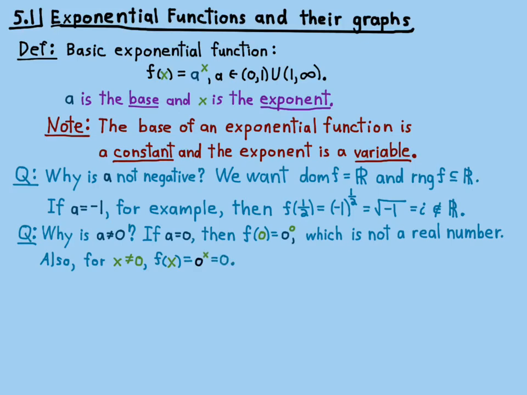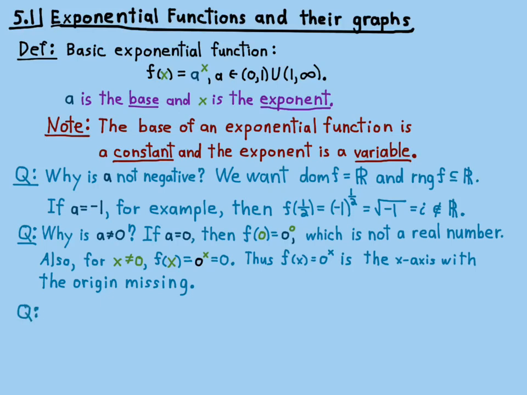Also, for x not equal to 0, f of x would equal 0 to the x, which is 0. So basically, f of x equals 0 to the x is the x-axis with the origin removed, which we don't want to call an exponential function. We want to call it a line with a point removed, right?